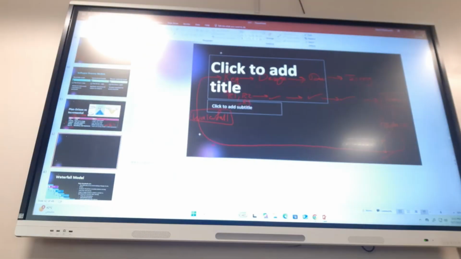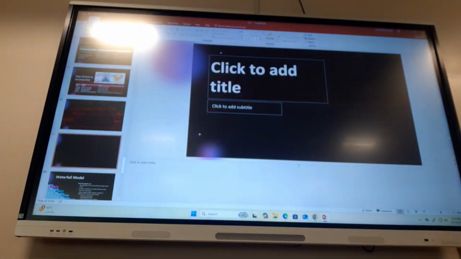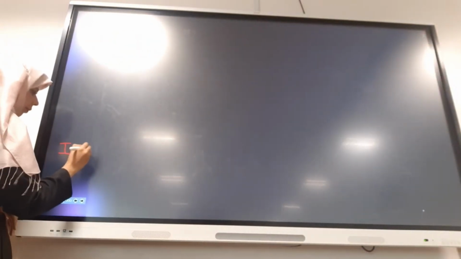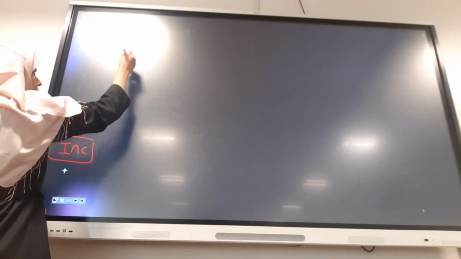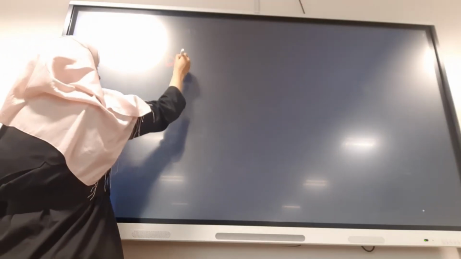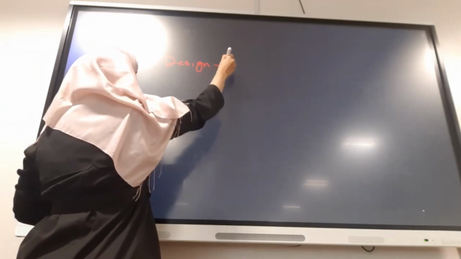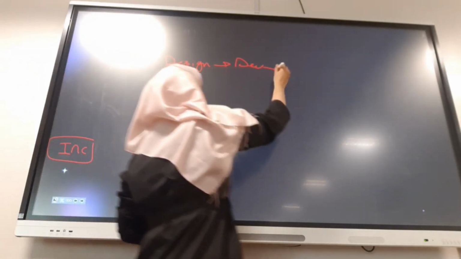Now how would this change if we're talking about incremental? Now let's assume this is incremental. Again, I start here from requirements, design, development, and testing.